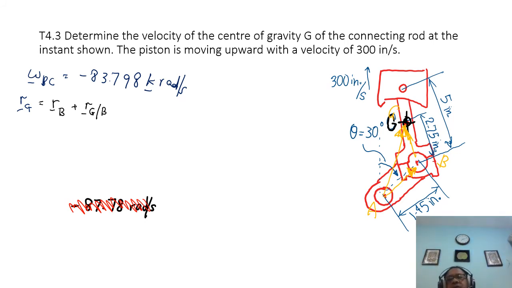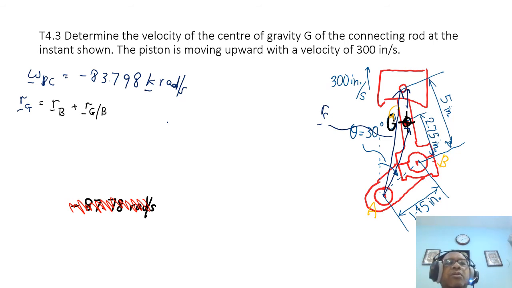I also can use a different set of position vectors. I can use another position vector which is like here. This is position vector C, or here, here and there.